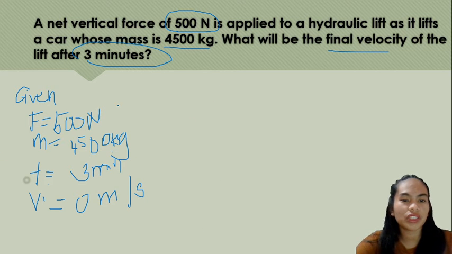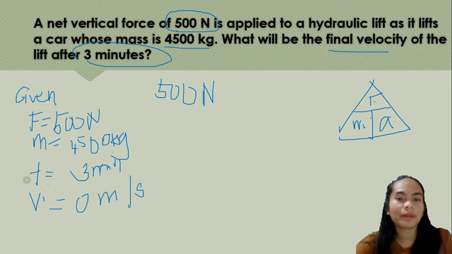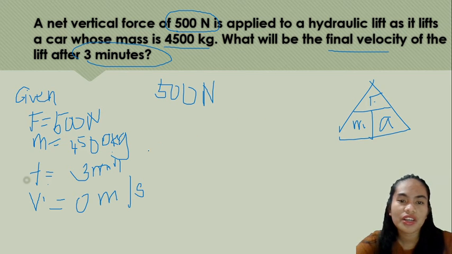We have here the 500 newtons. If we look at the example F = ma, the final velocity that we are looking for is not there. So, what are we going to do? We need to find the acceleration first.